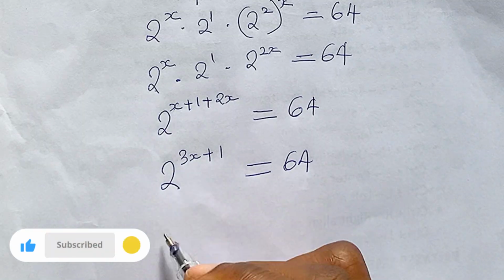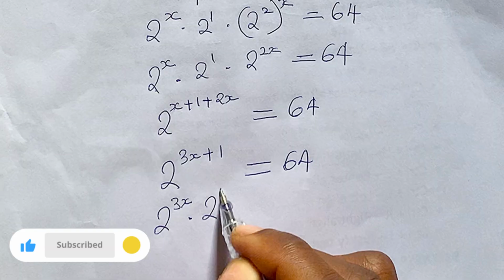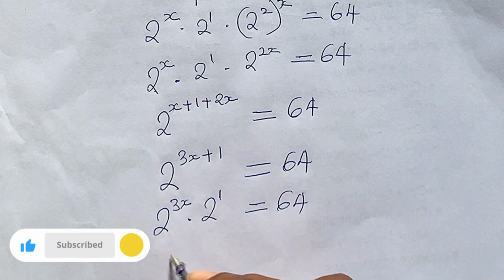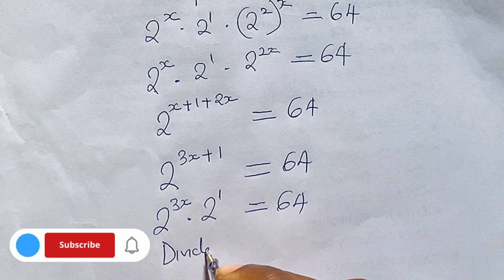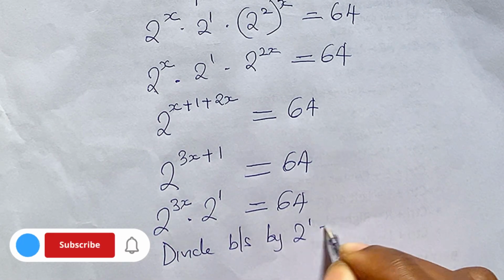We can rewrite this as 2 to the power of 3x multiplied by 2 to the power of 1 is equal to 64. So let's divide both sides by 2 to the power of 1, which is the same thing as 2.